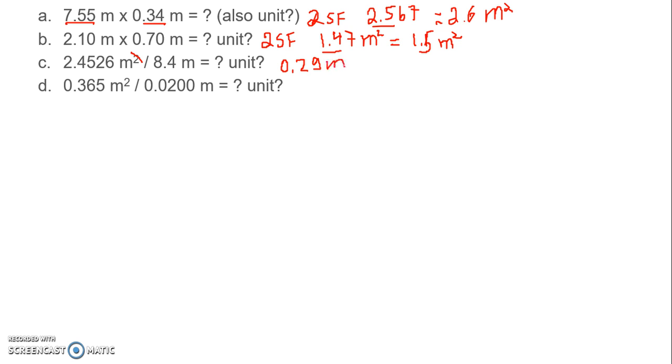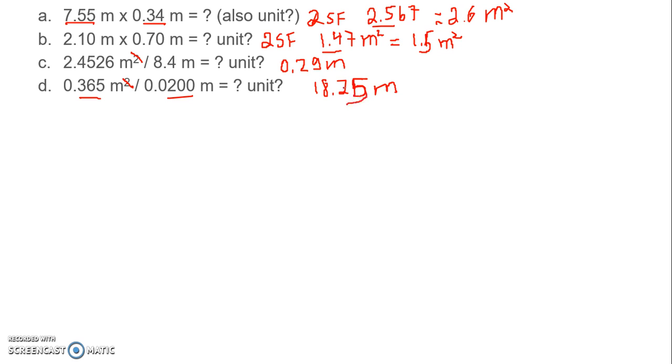Okay. The same thing with this one. Meter square divided by meter, you only get meter. And then how many sig fig here? You have 3 sig fig. How many sig fig over here? You also have 3 sig fig. So your answer must be in 3 significant figures. So if in my calculator I have 18.2025 meter, this is number 5.